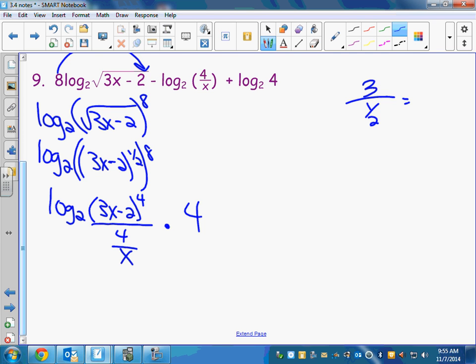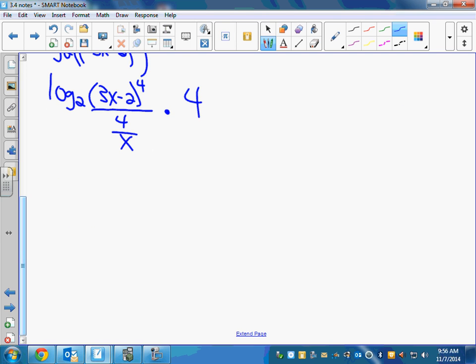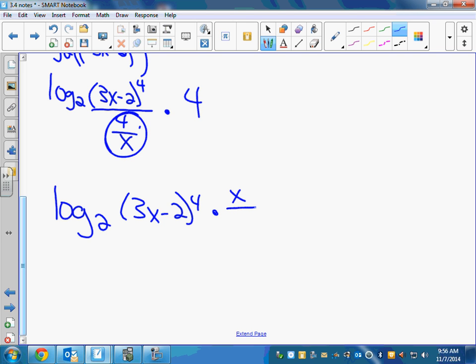When you have a fraction divided by a fraction, remember that you can multiply by the reciprocal, yes? Yeah. So if you have something divided by a fraction, just simplify it. So I can say that that is log 2 of 3x minus 2 to the 4th times the reciprocal of this, which is x over 4, and then I still have that times 4 out there.